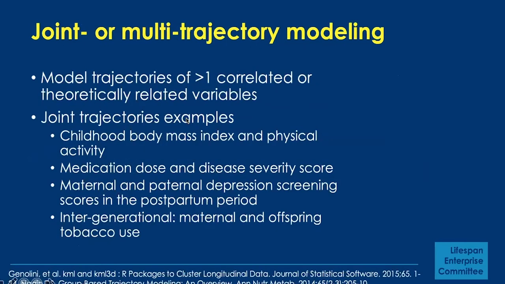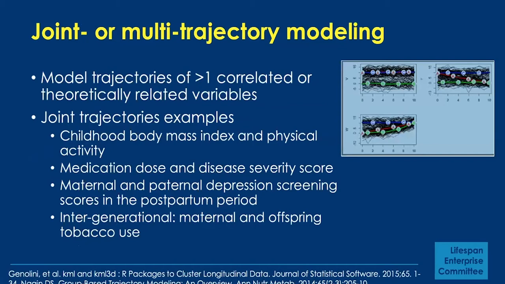We can also use joint or multi-trajectory modeling when we have more than one correlated or theoretically related variable. Trajectories can be modeled across multiple variables. And this is just a hypothetical example from Kmeans Longitudinal, where there are the same trajectory groups, but plotted for 3 related variables.